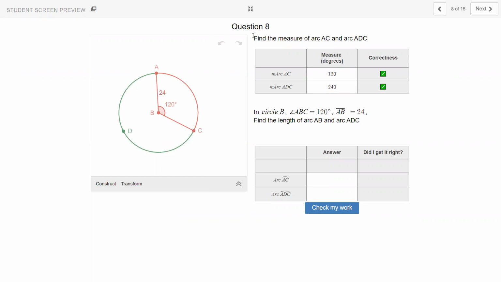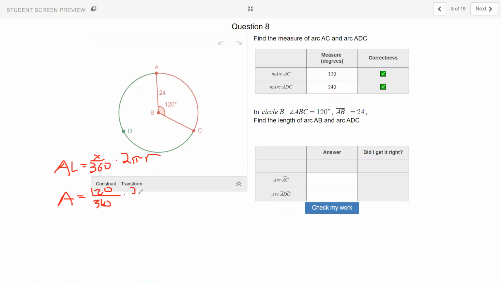And then to find the arc length, we're just substituting those measures and the radius of 24 into our arc length formula. So if we write that out, arc length is x over 360 times 2 pi r. So the central angle on the first one there is going to be 120 over 360 times 2 times pi times the radius, which is 24.